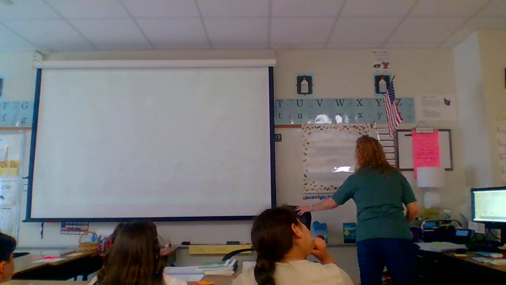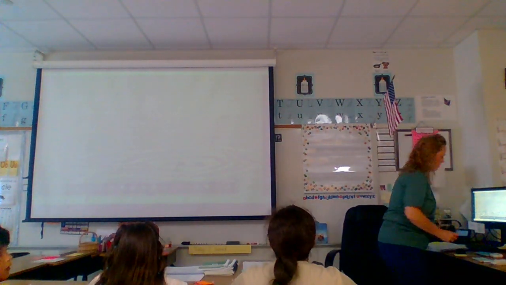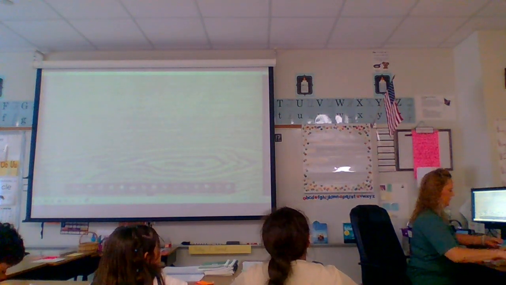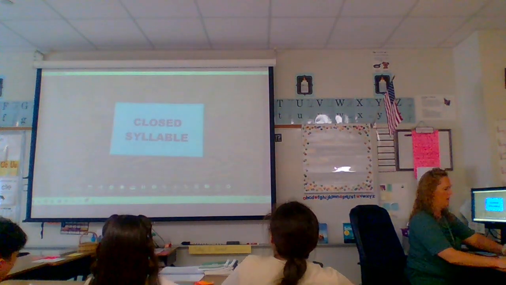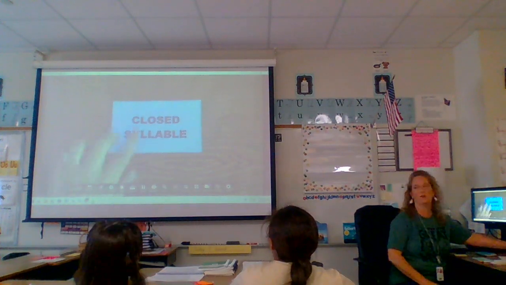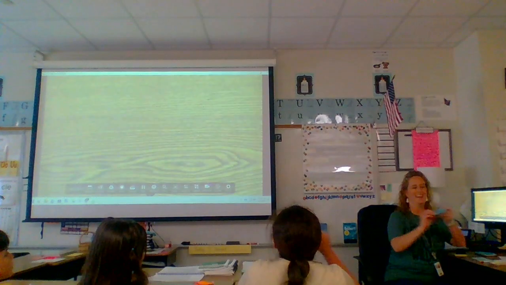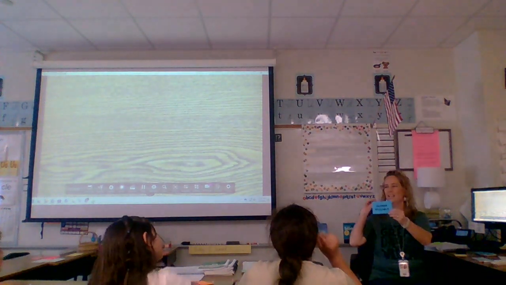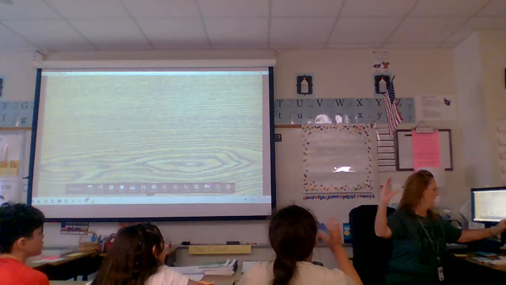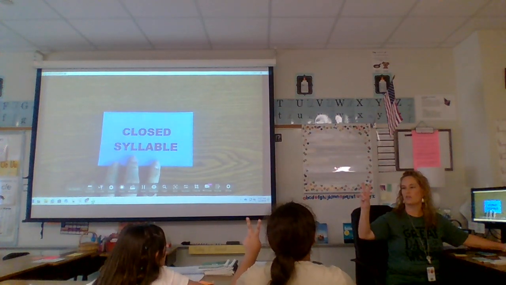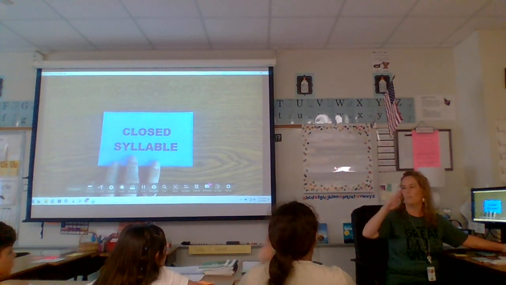Are you ready? We're going to start with our first set of cards. Okay. Ready? A closed syllable. A closed syllable is, do you guys remember? A closed syllable ends in at least one consonant. The vowel in a closed syllable is short, coded with a breve.